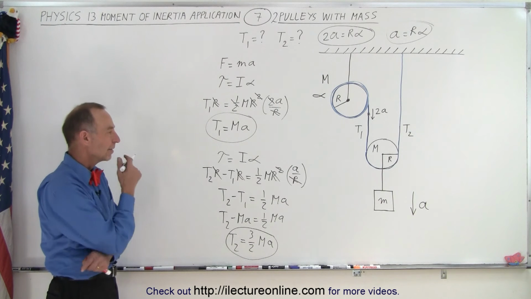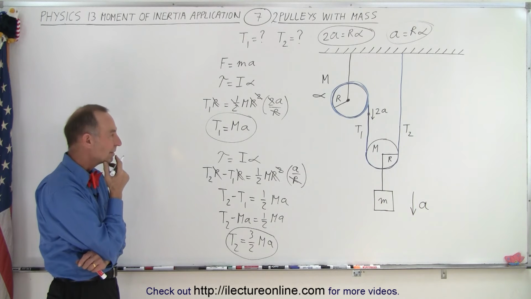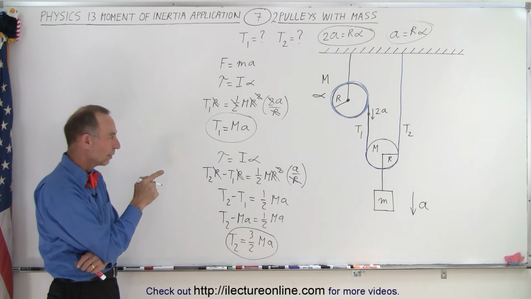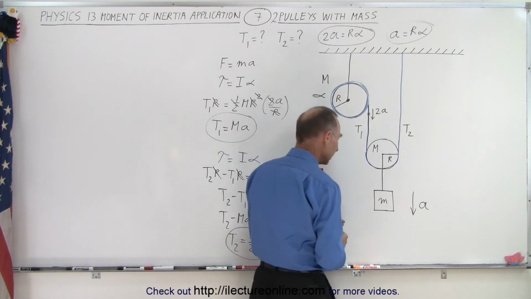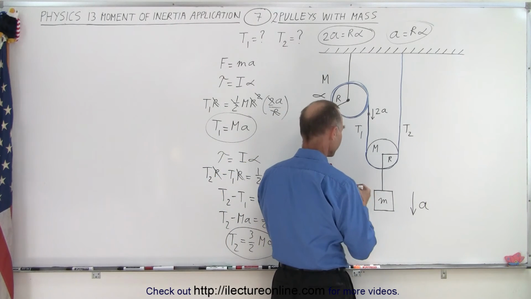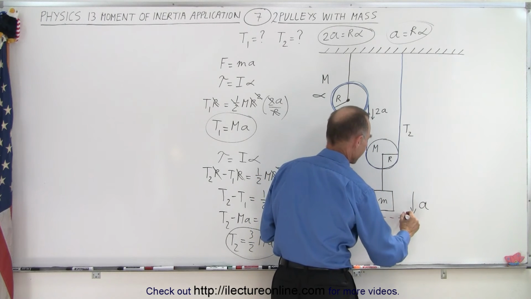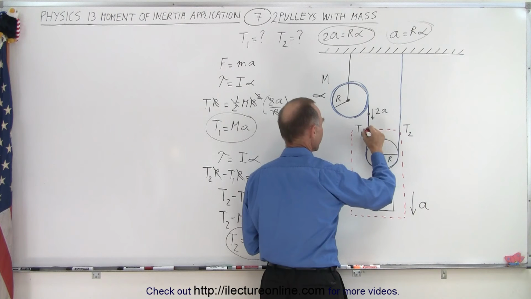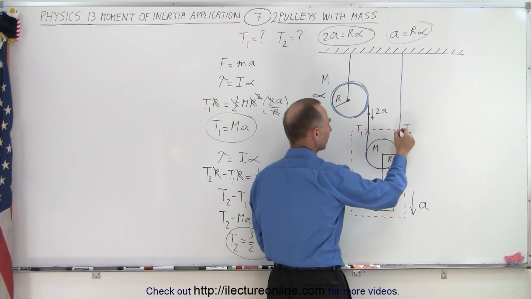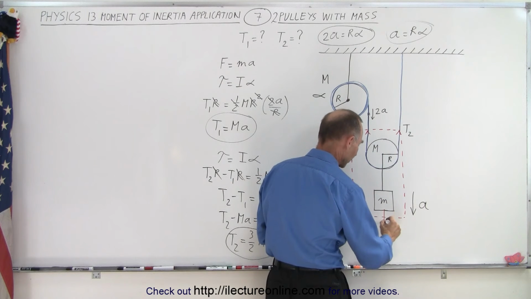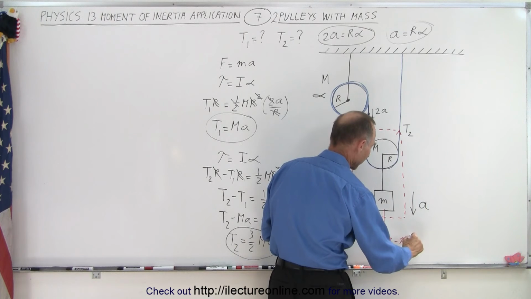But then let's see here. Can we figure out the tension in terms of what's happening over there? So let's do this. Let's draw a free body diagram like this. And then we have T1 pulling up, T2 pulling up, and over here we have mg minus ma.